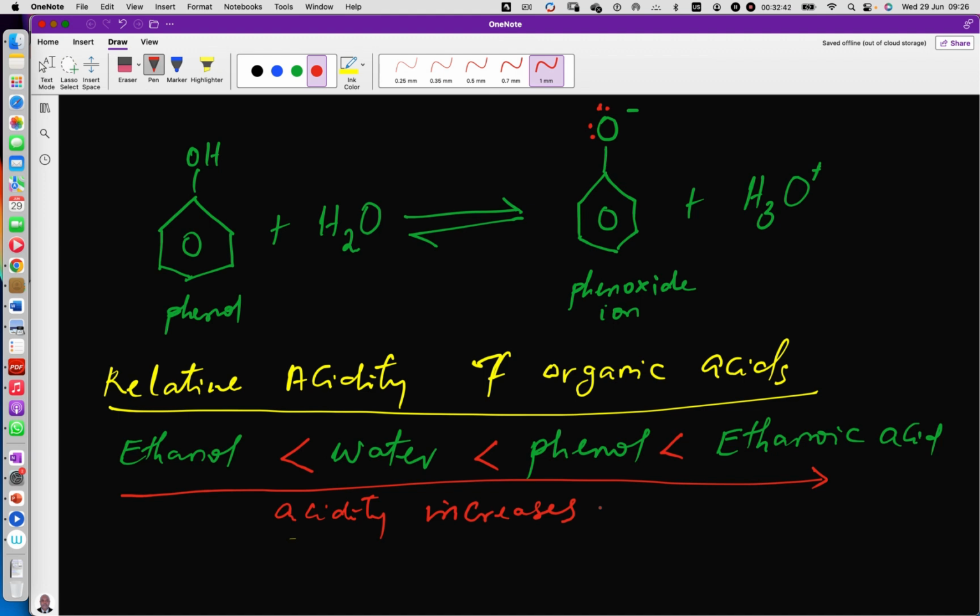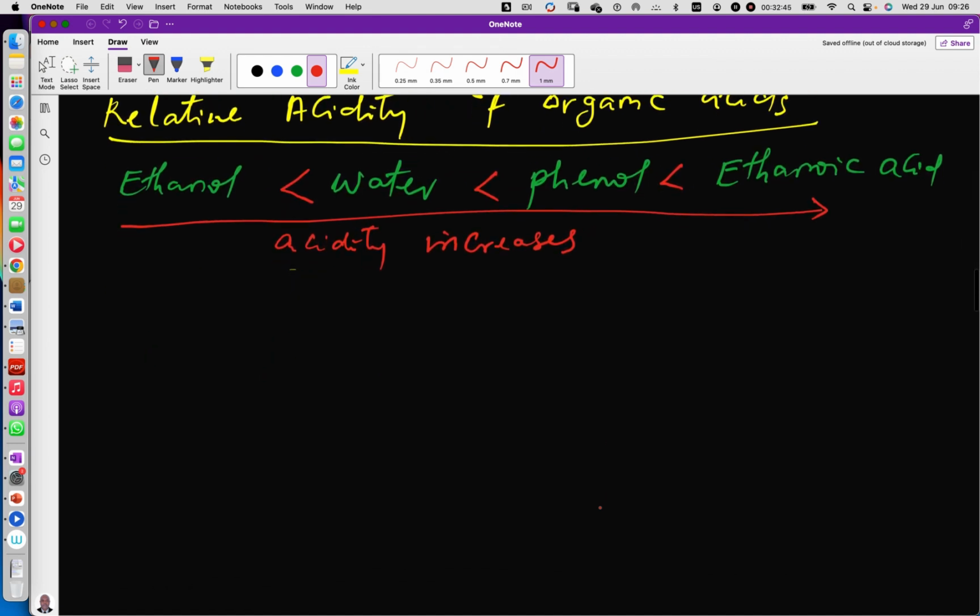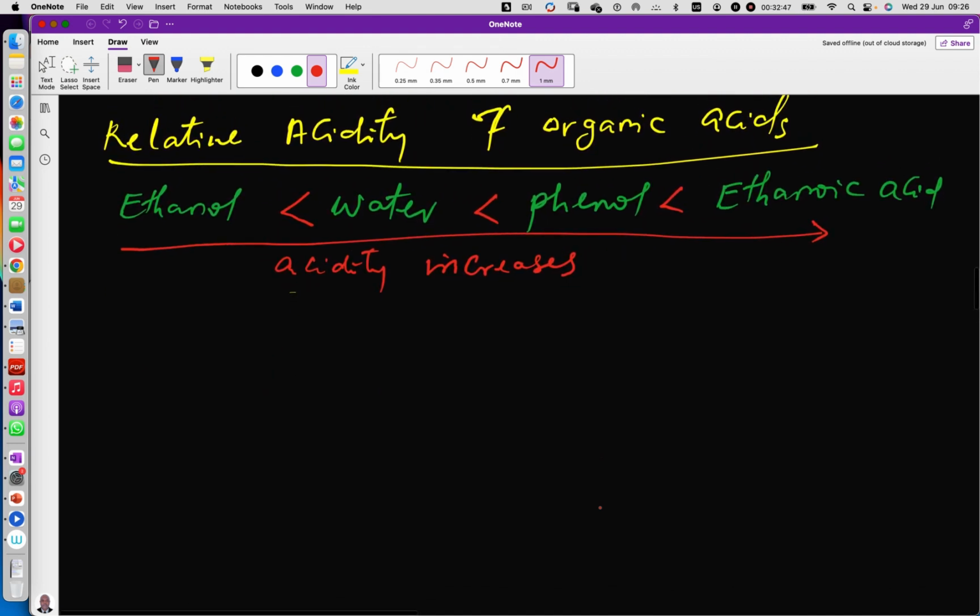There are some basic reasons why the acidity will increase from ethanol to ethanoic acid.